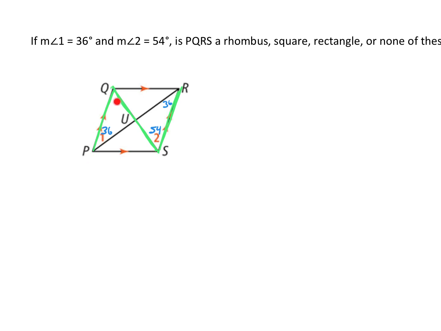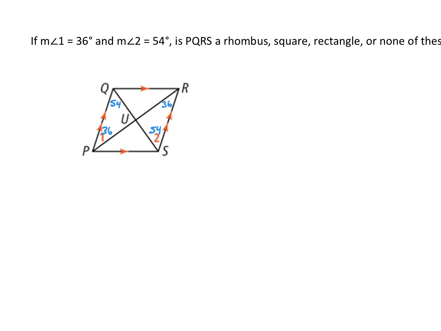So that makes this the alternate interior angle that will be congruent to it. So if this angle 2 is 54, this angle right here will also be 54. So I'm going to get rid of the green outline and then we'll write in 54 degrees right there. All right, so 54 degrees.